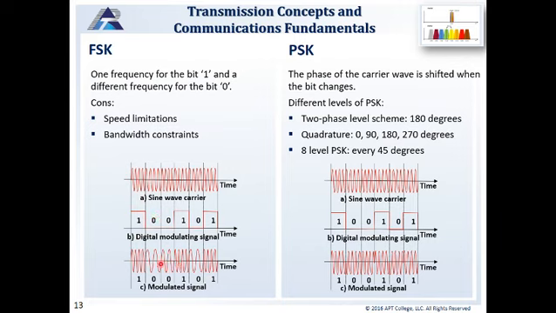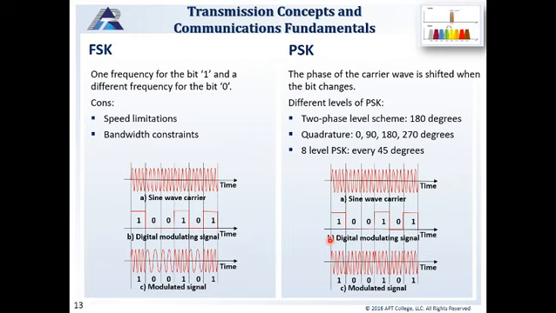And then when we go back from a 0 to a 1, we're returning that signal to its carrier wave. The cons on this are speed limitation and bandwidth constraints. You can't send as much information as fast when you're modulating a signal like this, because it takes time to change that carrier signal.